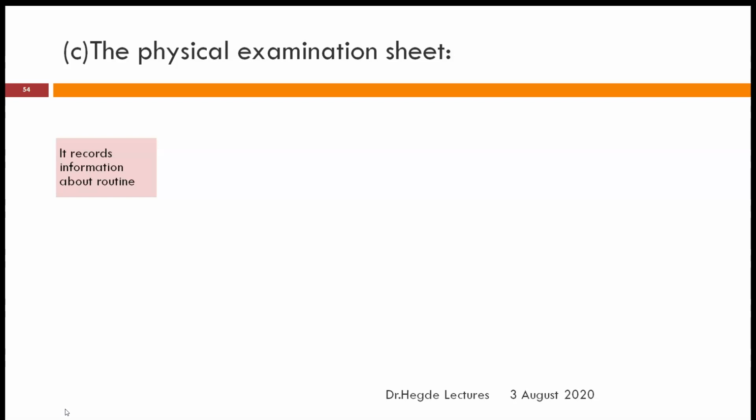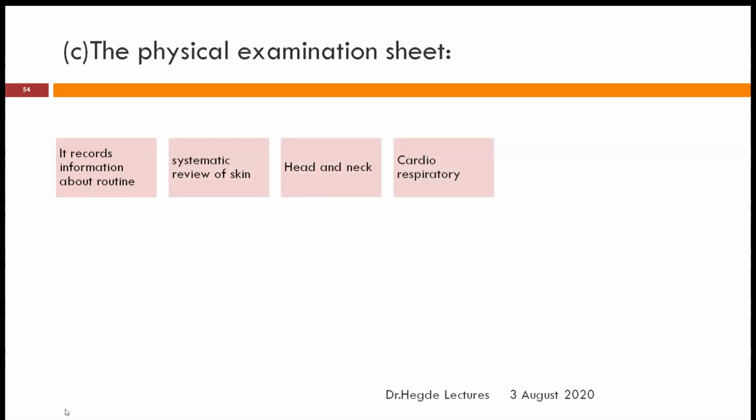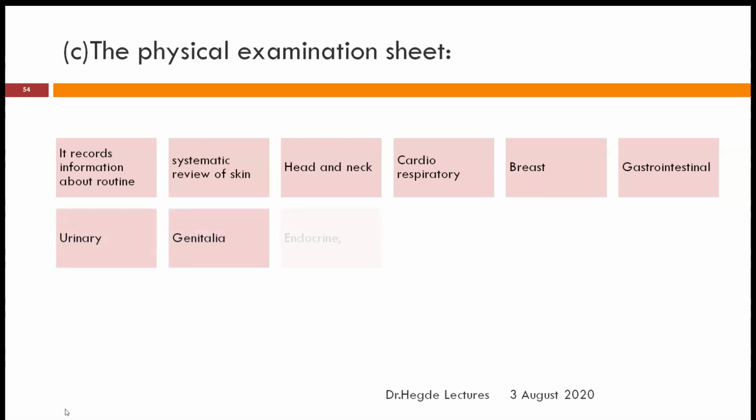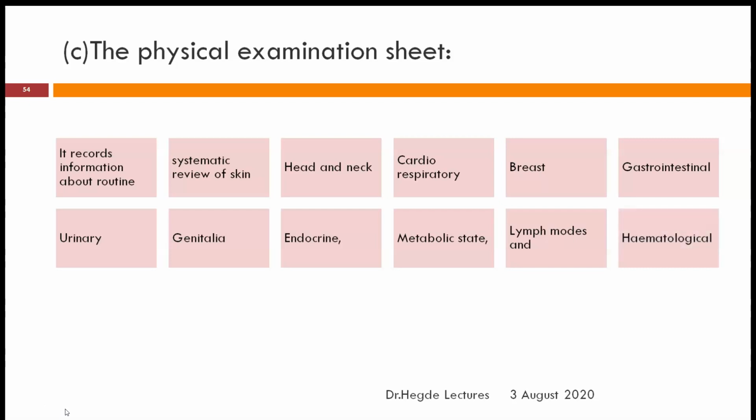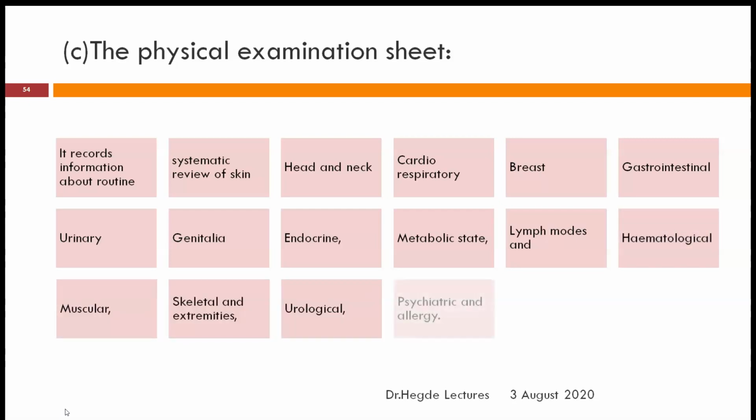The next one would be the physical examination sheet. The physical examination sheet records information about routine systematic review of many things like skin, head and neck, cardiorespiratory, breast, gastrointestinal, urinary, genitalia, endocrine disorders, metabolic state, lymph nodes, and hematological and musculoskeletal extremities, urological, psychiatry, and allergy.